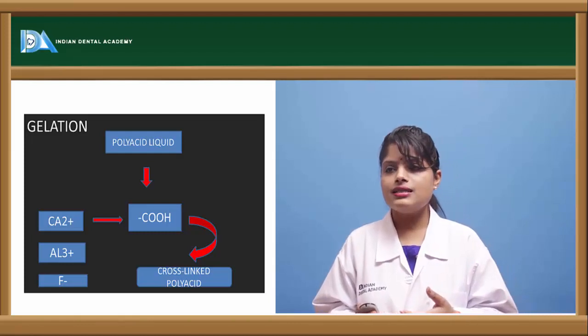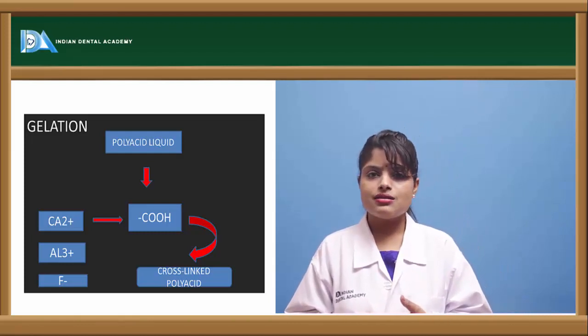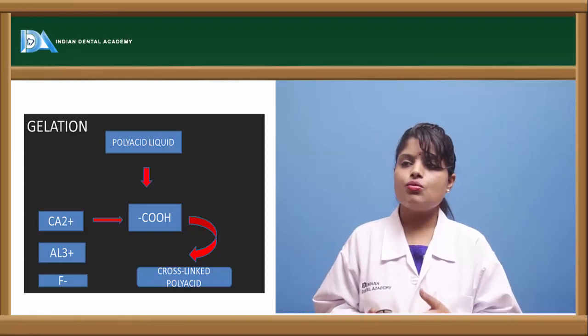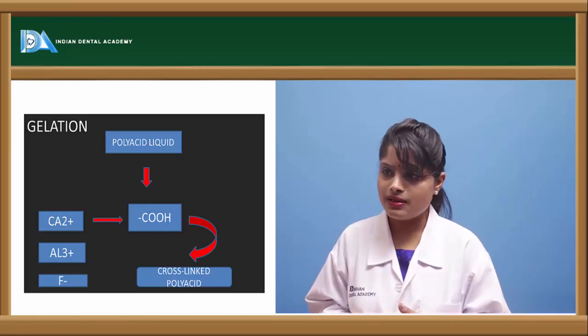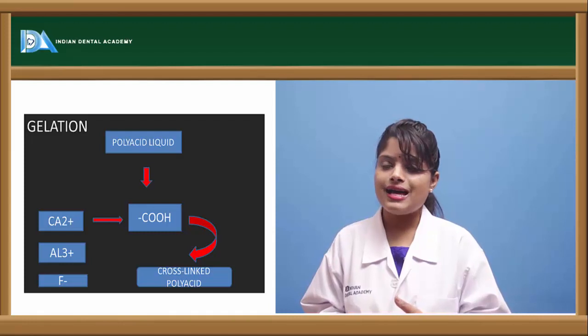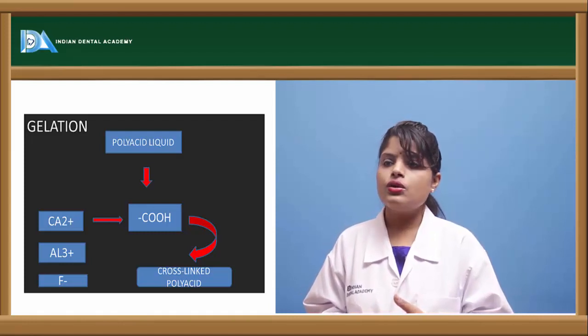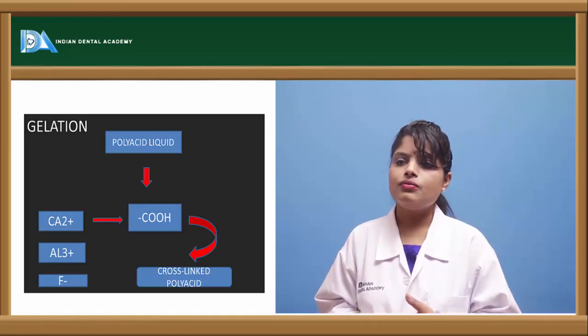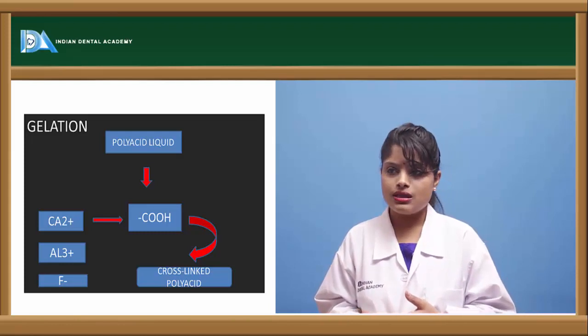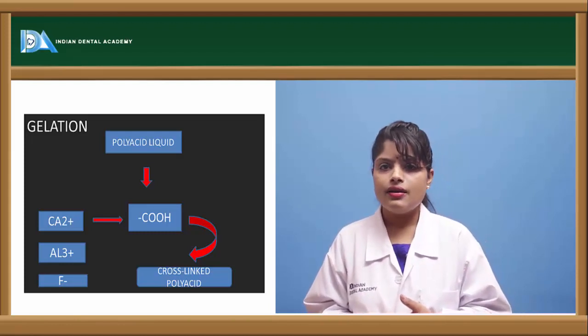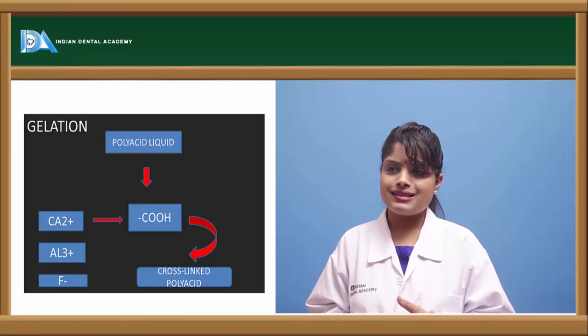Here we have already seen the mechanism of setting of the glass ionomer cement, where the polyacid dissociates into cations like aluminium, fluoride and carboxylate, and they form a cross-linked polyacid gel.